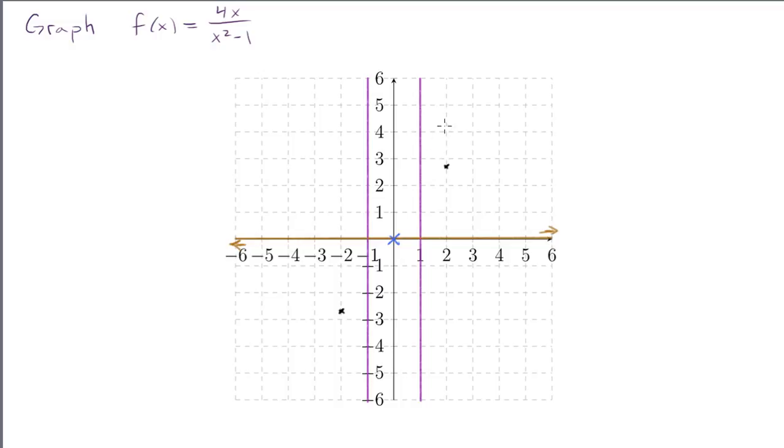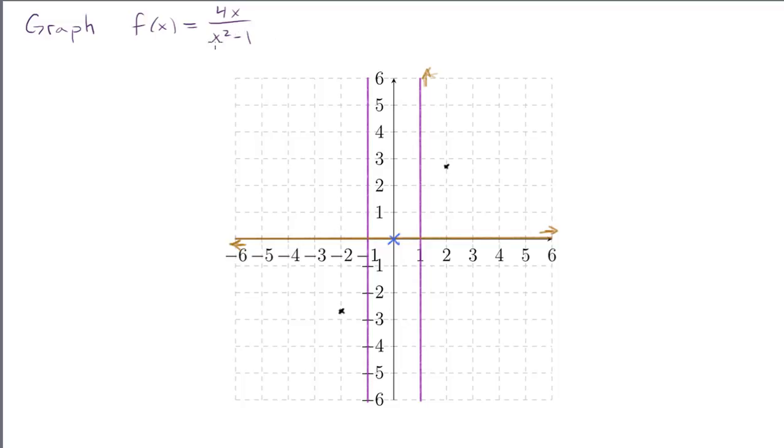So what's going to happen as we come in towards 1? It looks like it's going to have to go to infinity because I'm coming from this point and approaching a vertical asymptote. So I can either go down or I can go up. I think it has to go up as x approaches 1. 2 is positive, and not 1, but like 1 and 1/2 would be positive as well.